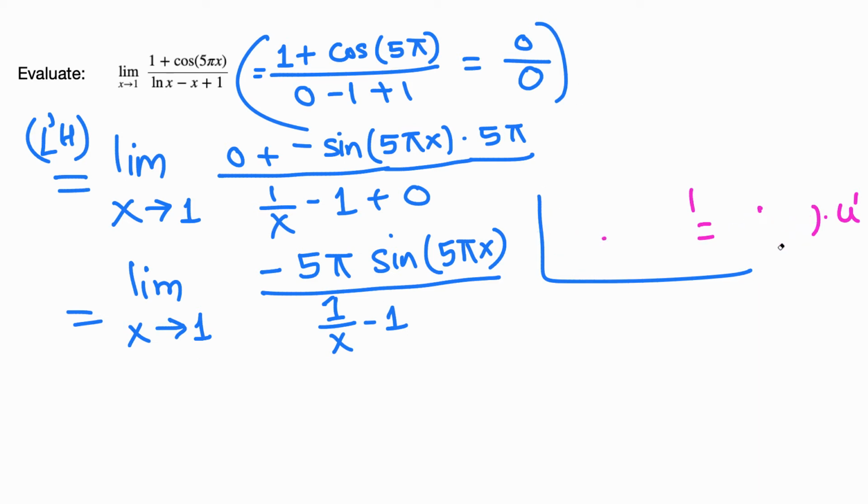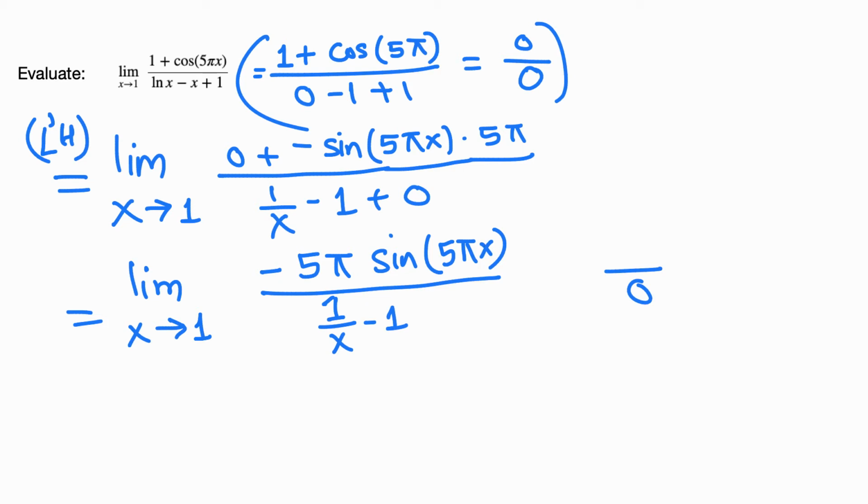Okay, let's try to plug in x equals 1. So 1 over 1 is just 1, minus 1, that's 0. So I'm going to get 0 on the bottom. On top, negative pi times sine pi, because x is 1.